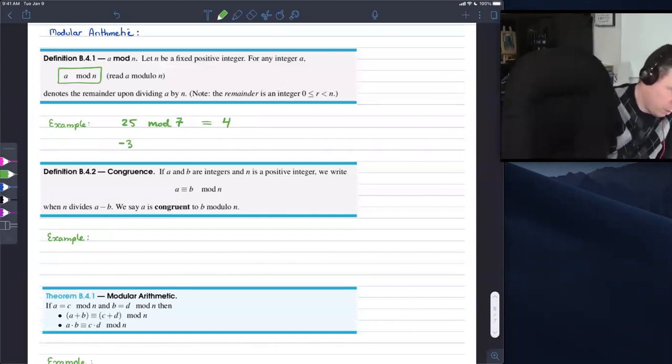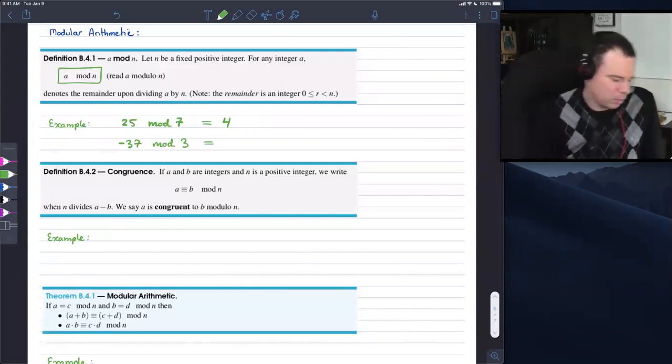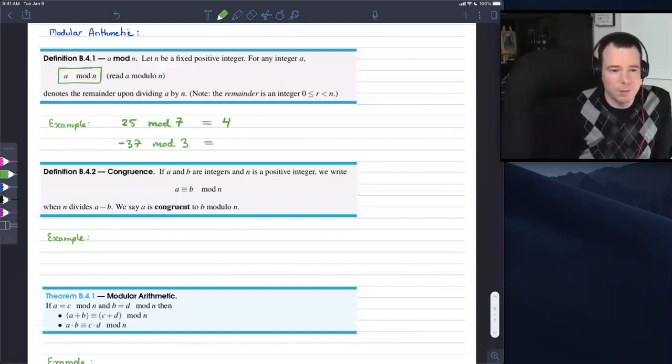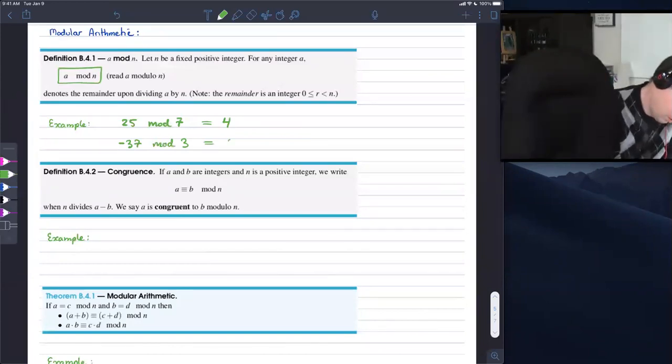And we can do it with negative numbers as well. What is negative 37 mod 3? I do want to draw your attention to the fact that the remainder is a positive number. We've got a 2 here, and so we'll jot down why. Negative 37, how many times does 3 go into it?